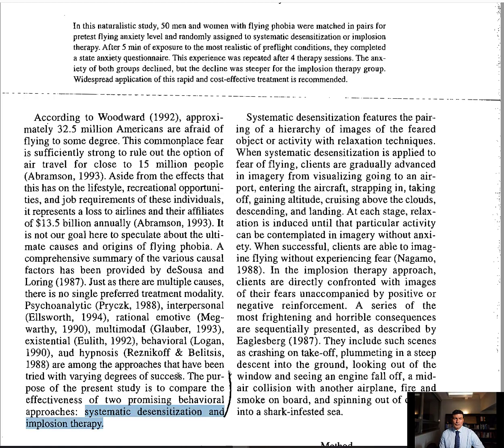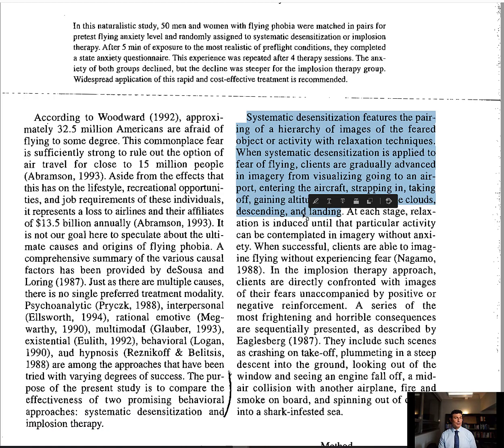What I don't like about this article, they talk about what other studies have looked at, and they're going to choose these two different things. They don't really give us any rationale why they chose systematic desensitization and implosion therapy. Later on they describe what these are, but why did they choose these two?